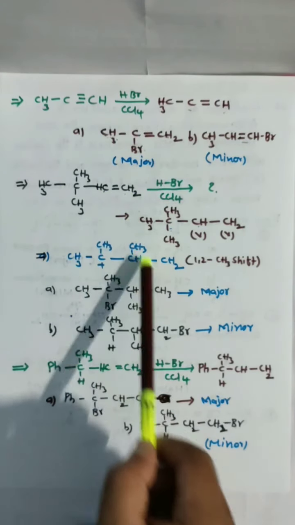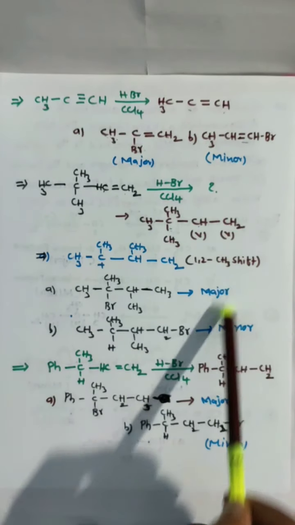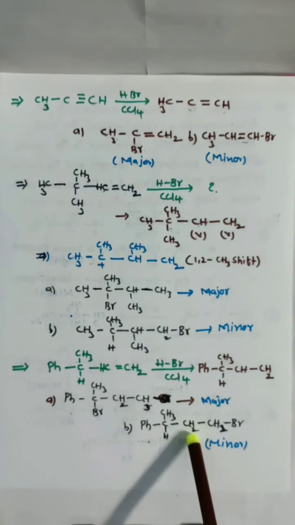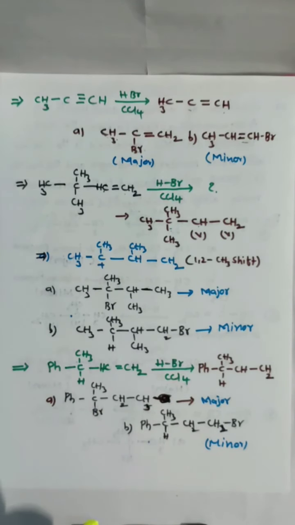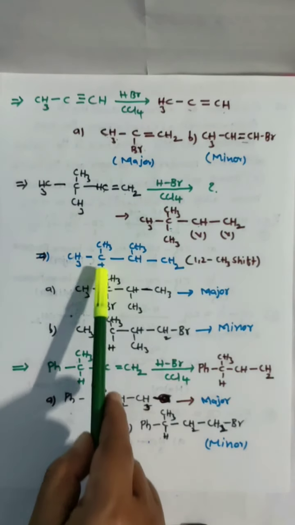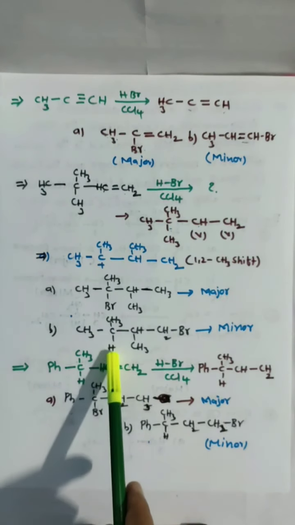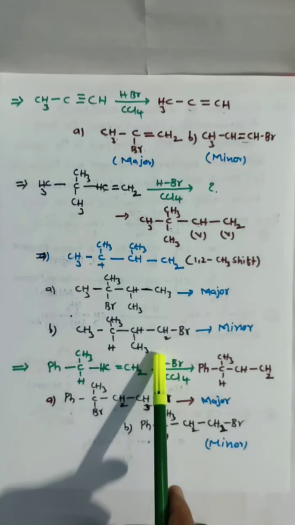So remember 1,2 methyl shift and 1,2 hydride shift. The Markovnikov rule we generally apply in rearrangement addition. See, here rearrangement takes place: the methyl group shifted to here, the hydrogen, that is the hydride, shifted to here.